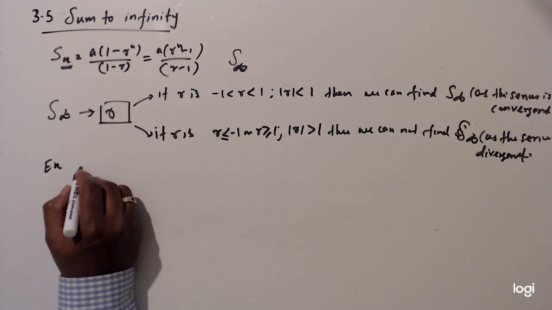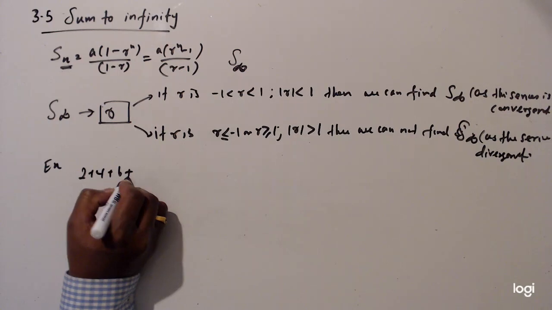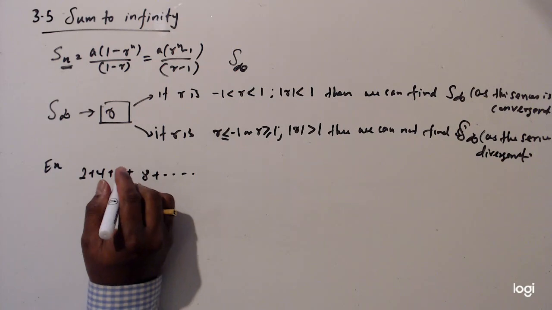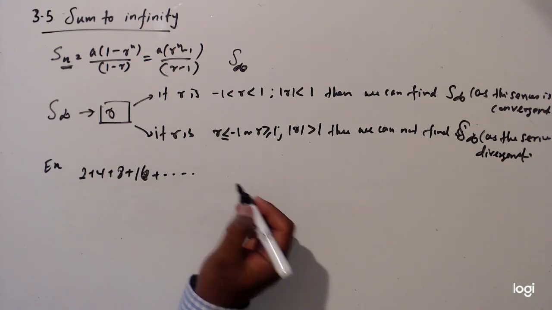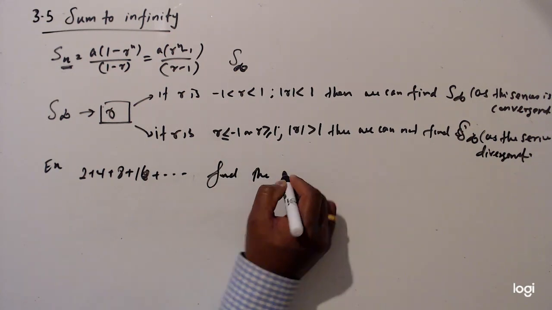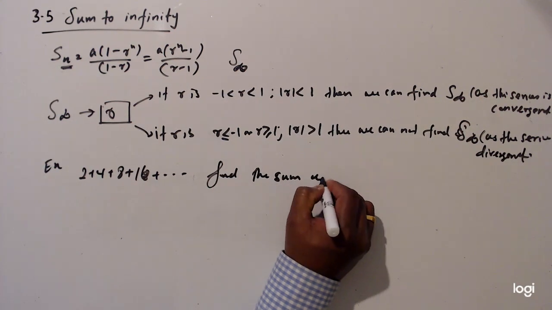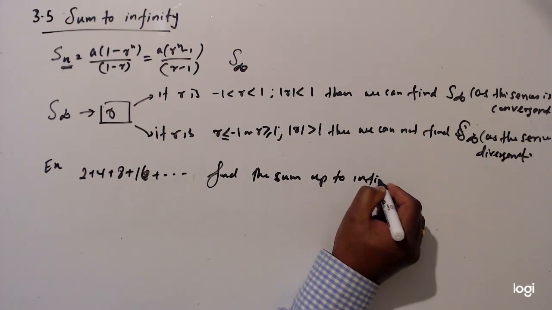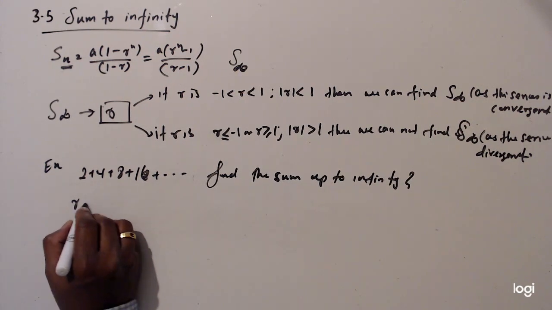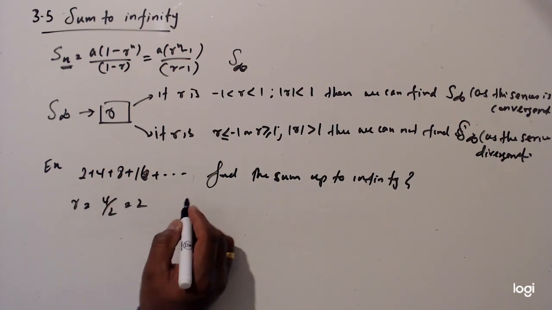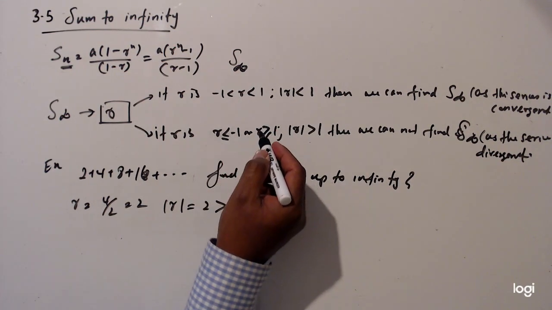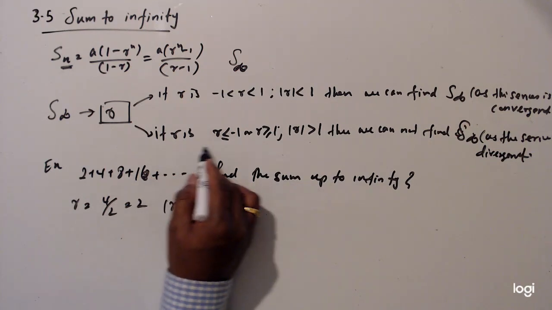Example: 2 plus 4 plus 8 plus 16 and so on. Find the sum up to infinity. So the r value is 4 divided by 2, which is 2, so mod r is greater than 1.